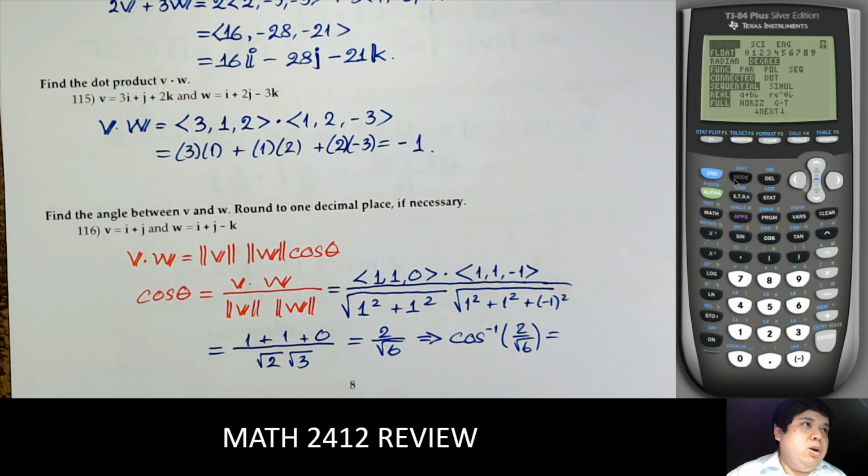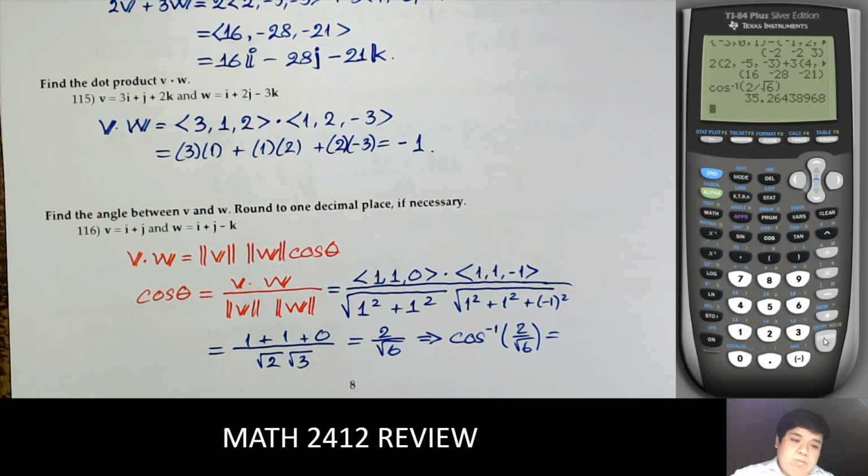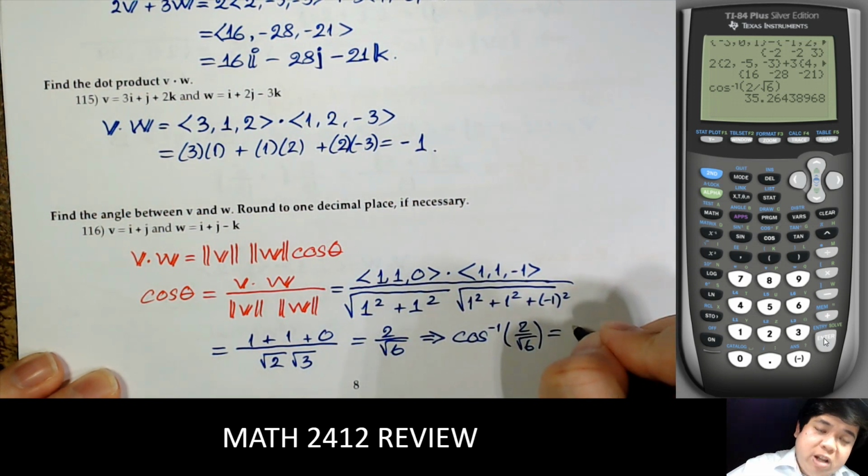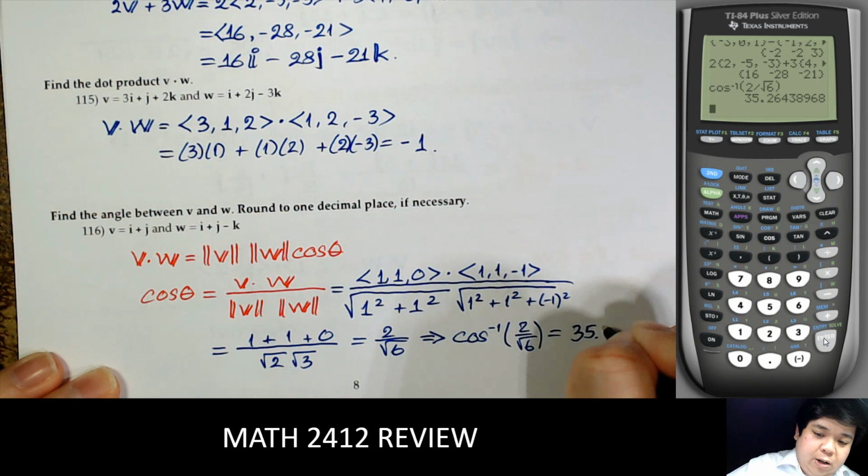Still in degree mode. Cosine inverse of 1 divided by square root of 6 is 65.9 degrees.